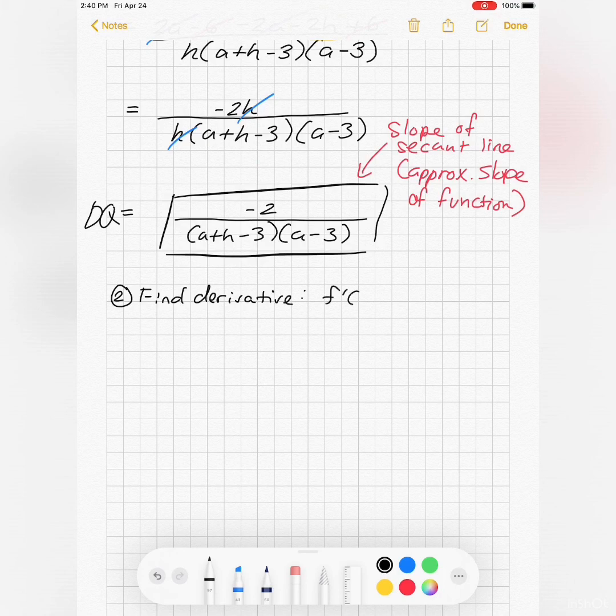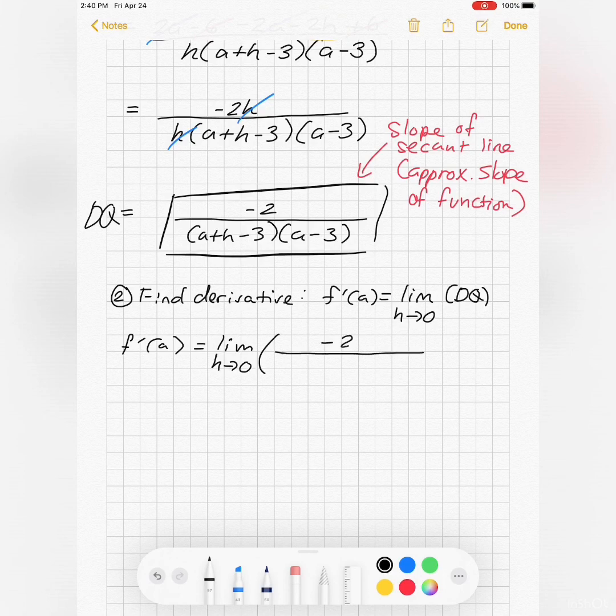So f prime of a is the limit as h goes to 0 of the difference quotient that I just found. I've already done all the algebra.